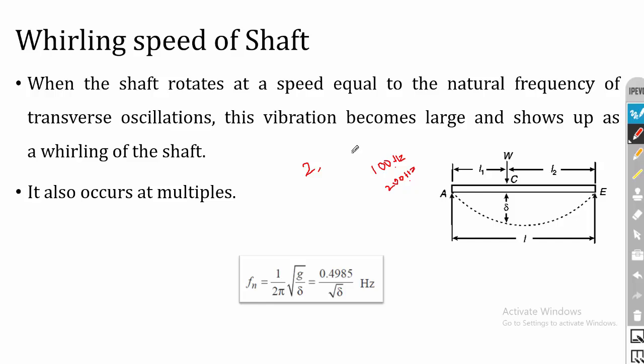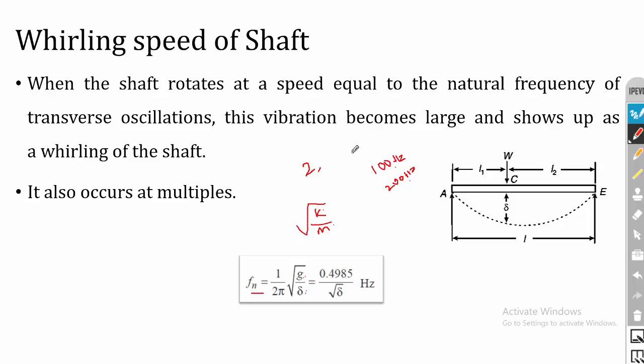For linear vibration, we generally calculate the natural frequency by 1 by 2 pi root of k by m, where k is the stiffness and m is the mass. But in the case of rotors, we can calculate by using Fn is equal to 1 by 2 pi root of g by del, where g is the gravity and del is the deflection.